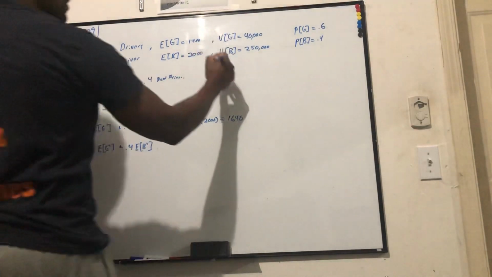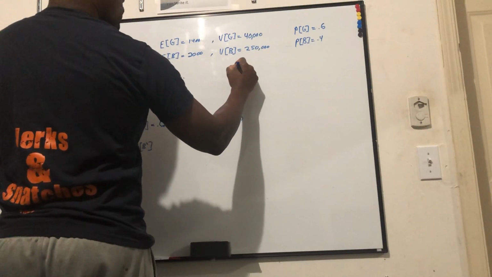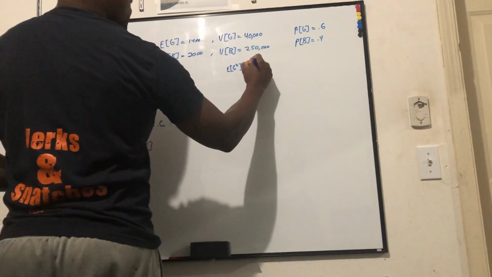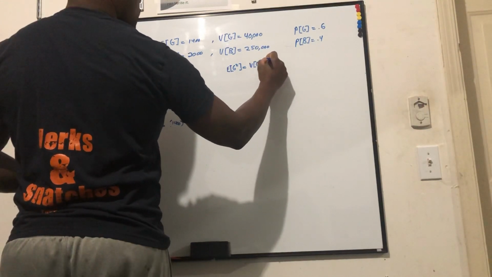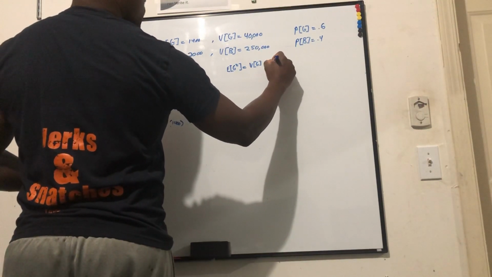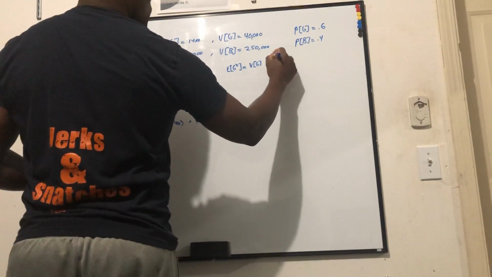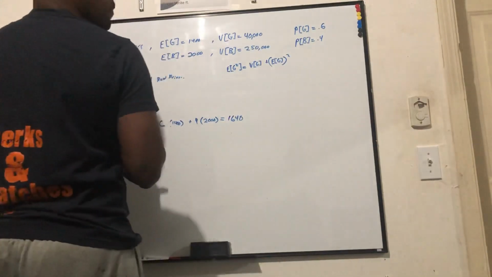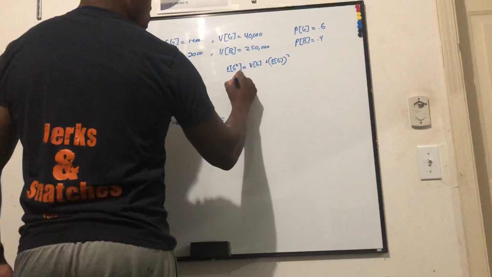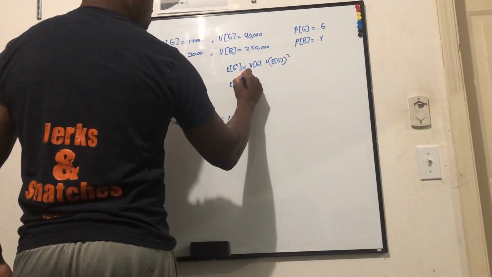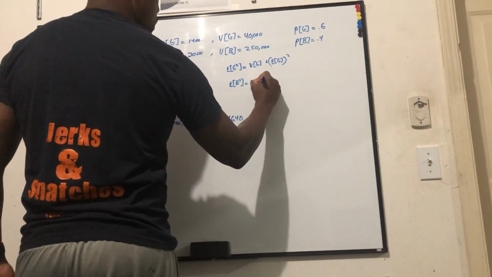So we know that the second moment of G is equal to the variance of G plus the expectation of G squared. That will be exactly the same for B, but obviously using B.